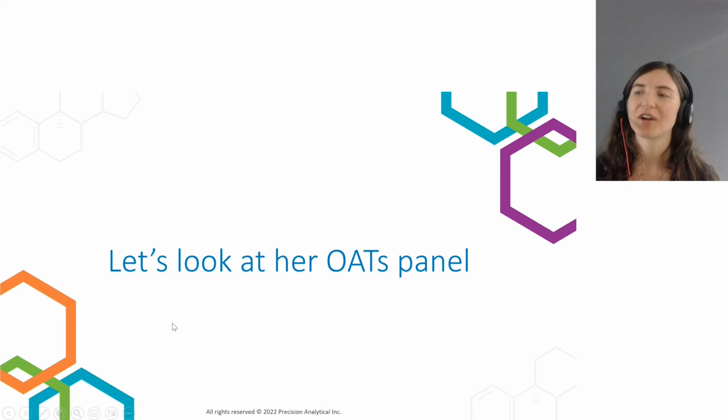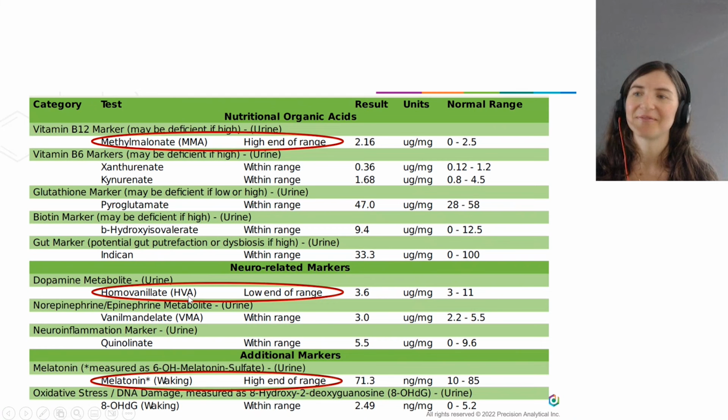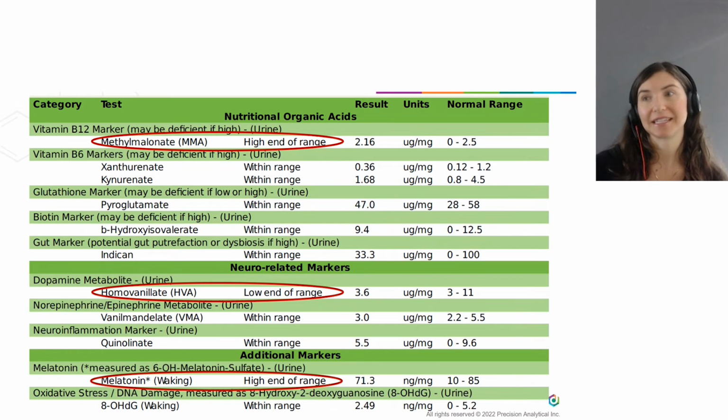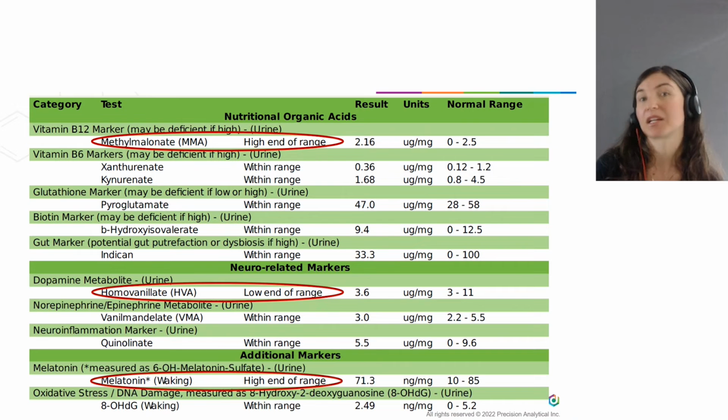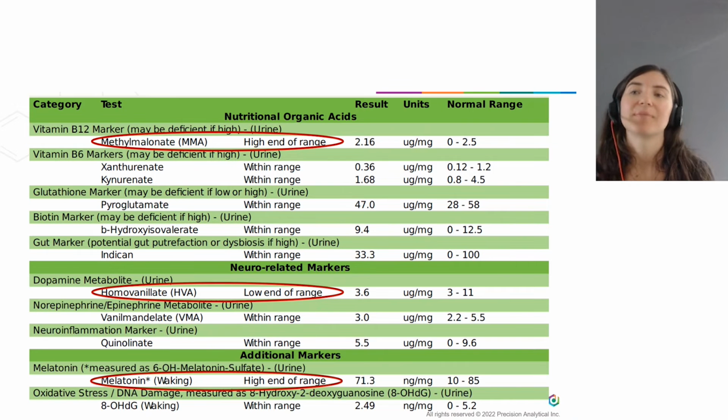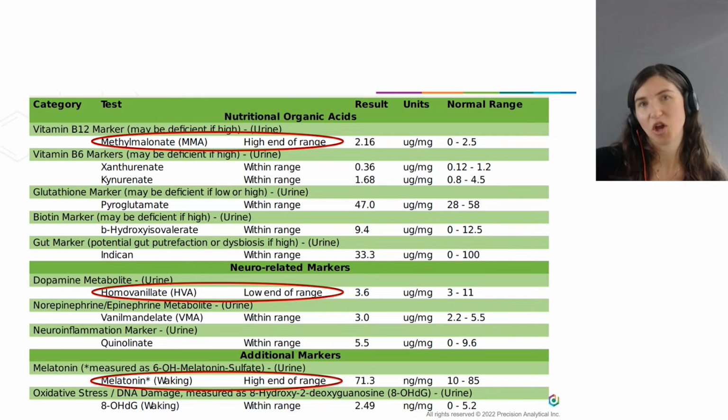And if we look at her organic acids panel, here we go. The very first one here is methylmalonate. If methylmalonate elevates in the serum or the urine, it's usually due to a low adenosylcobalamin, kind of low B12, because methylmalonate needs adenosylcobalamin to be converted to succinyl-CoA.